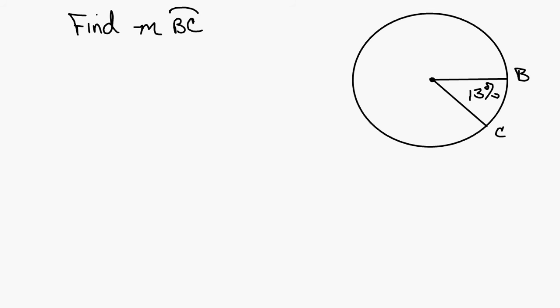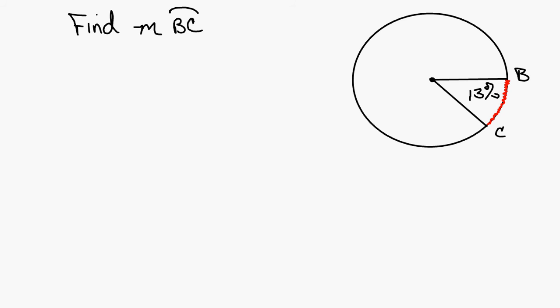So the measure of arc BC is not 13, is it? No. Because percents are out of 100, right? And now we're dealing with degrees of a circle. And how many degrees are in a circle? 360. So don't we need 13% of 360?